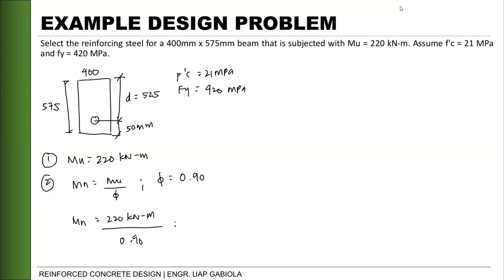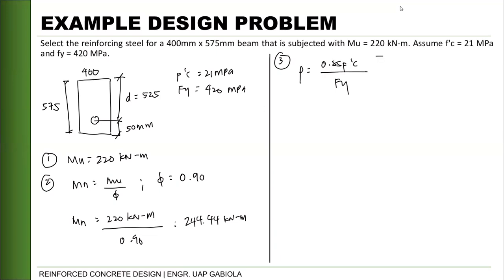So, 220 divided by 0.9 is 244.44 kilonewton meter. After arriving at that value, we can now calculate the value for rho using the formula 0.85 f prime c over fy times 1 minus the square root of 1 minus 2 Mn over 0.85 f prime c b d squared.